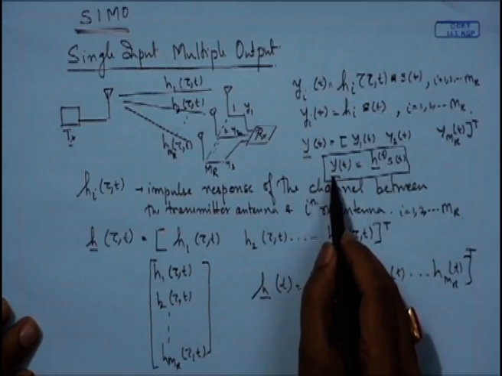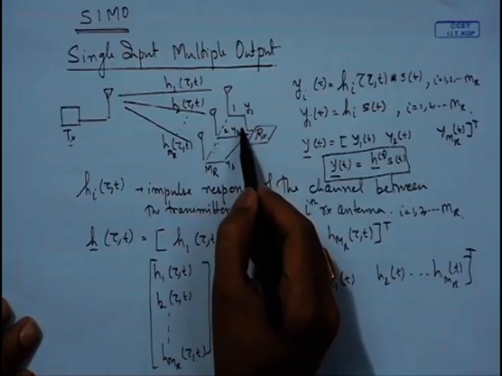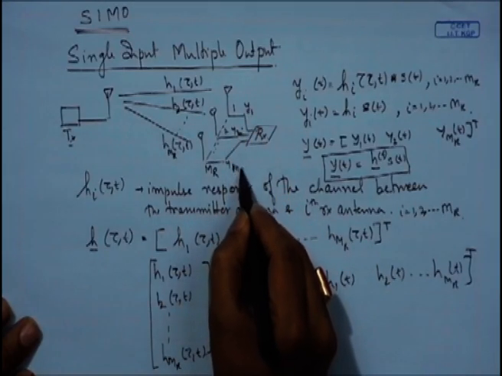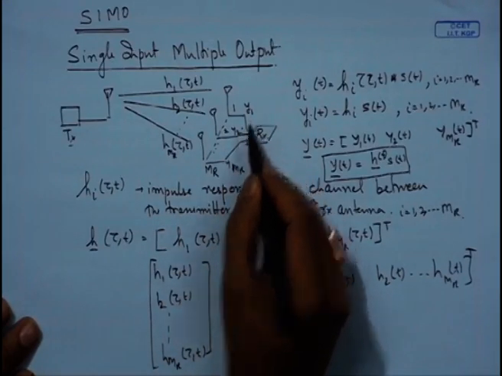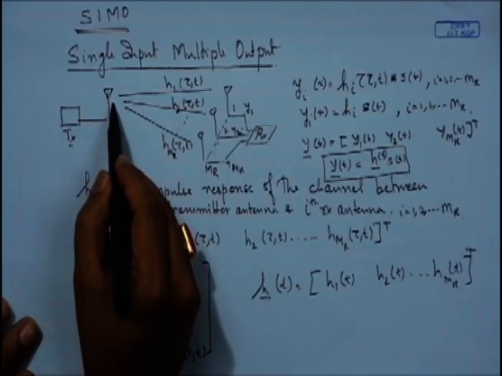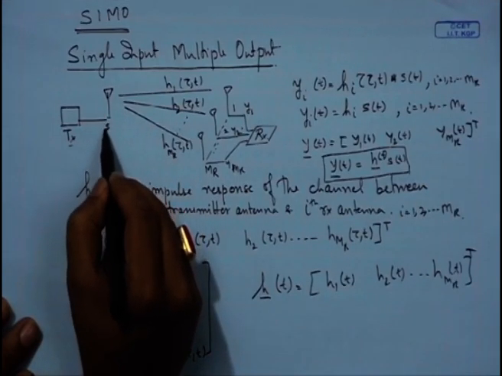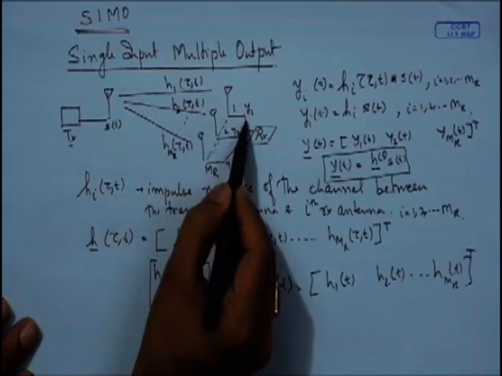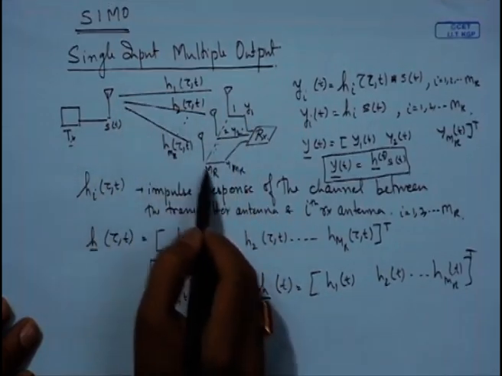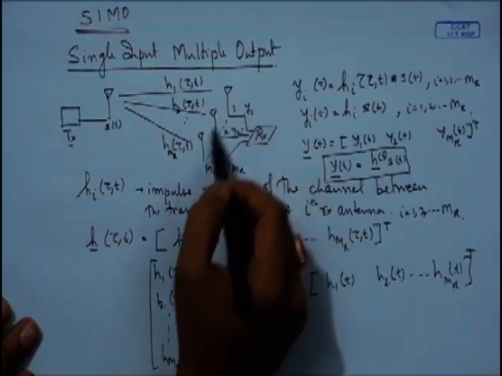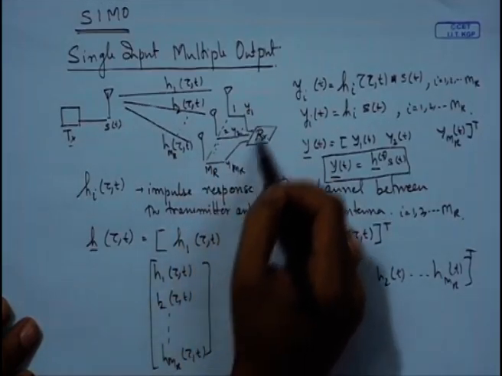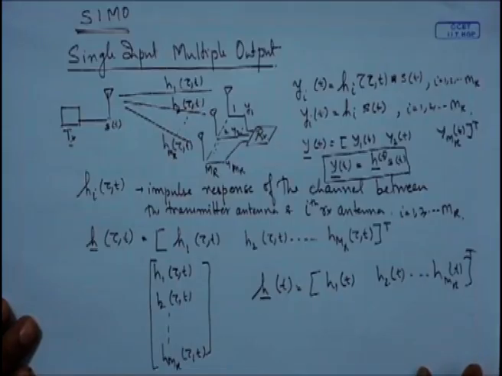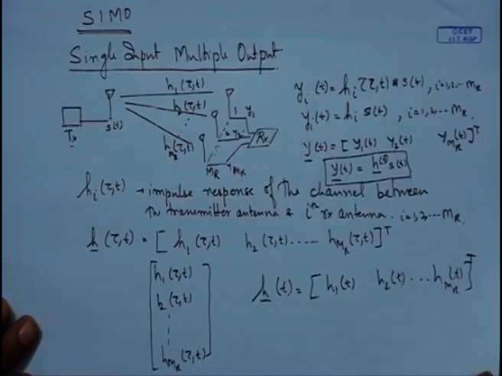So this clearly tells that I am receiving y1, y2 up to y mr, so mr different copies of the same signal. Whatever is transmitted over here, that means if s of t is transmitted, it goes through the channel, is received over here, goes through this channel, is received over here, goes through the channel, is received over here. So there are multiple copies of the same signal received at different antennas.